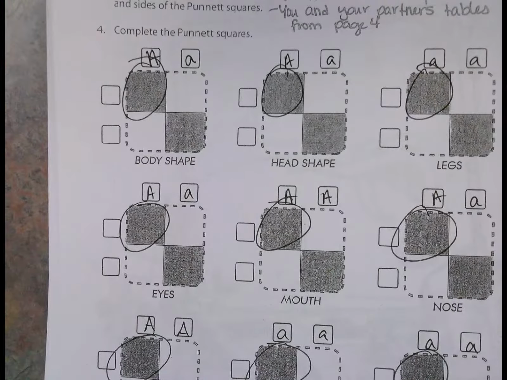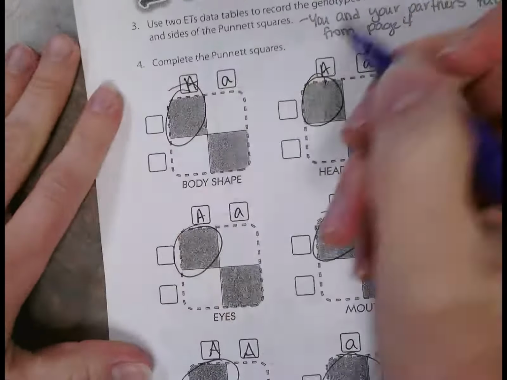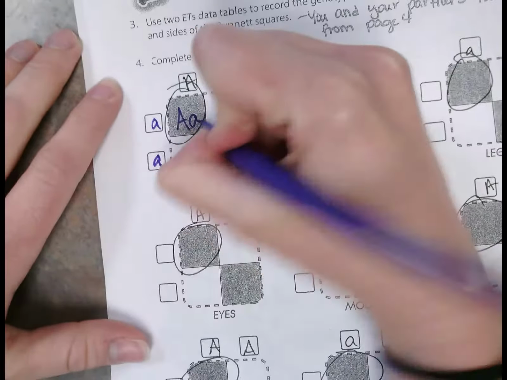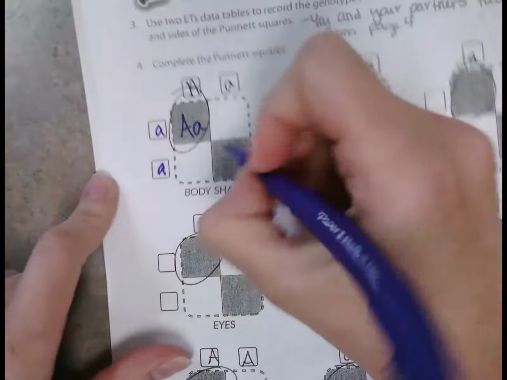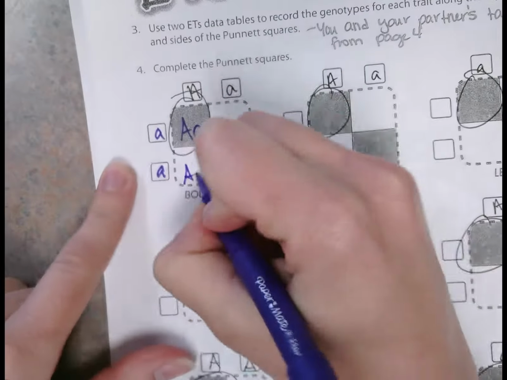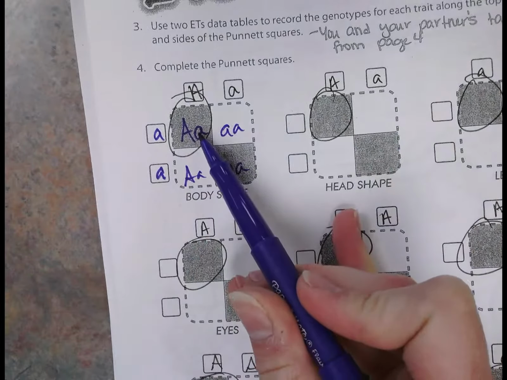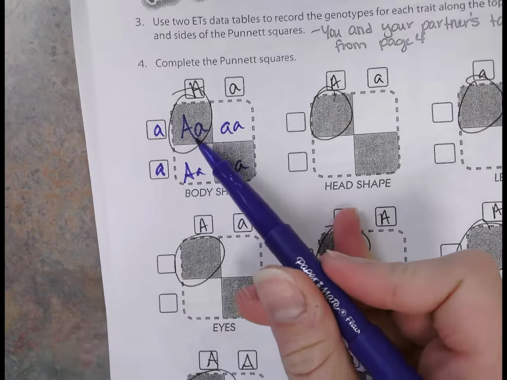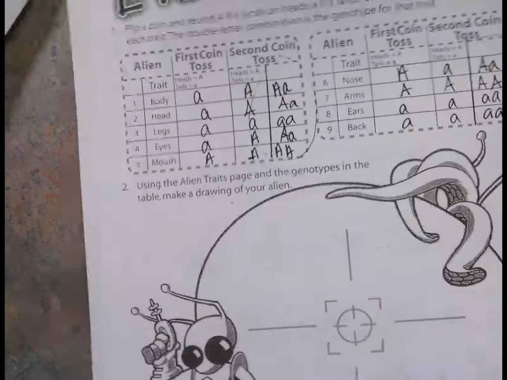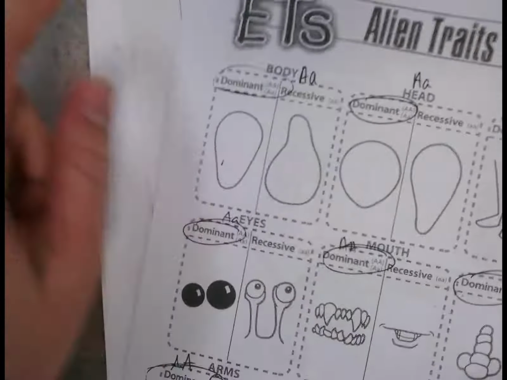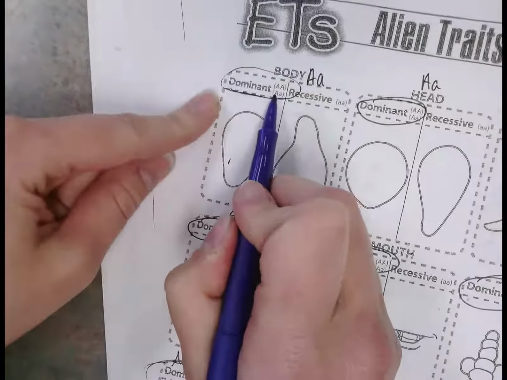Okay, so if I have a baby, this little baby, with this alien, let's say they are a. Okay, and obviously you're going to fill the rest of these in as well. You're going to be using this top left one to determine the body shape. So if I go back and I'm looking at this, okay, my body shape is still this one.